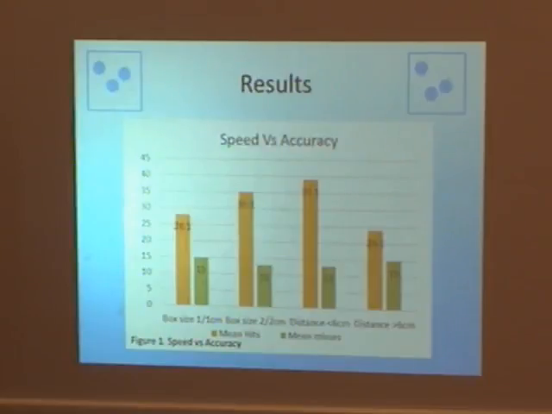This shows the relationship between each variable. In this figure, it can be seen that the mean hits are far greater when the box size is 2 centimetres by 2 centimetres and the distance is less than 6 centimetres. Thus, it can be clearly seen that when box size increases and distance between the boxes decrease, the speed and accuracy both improve.